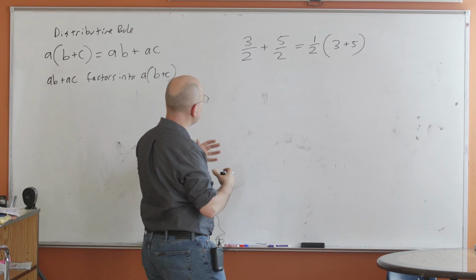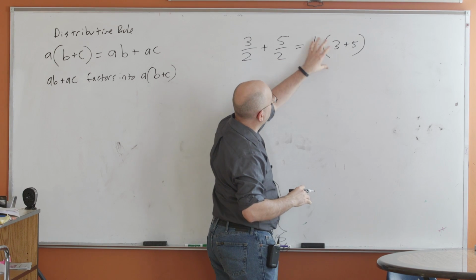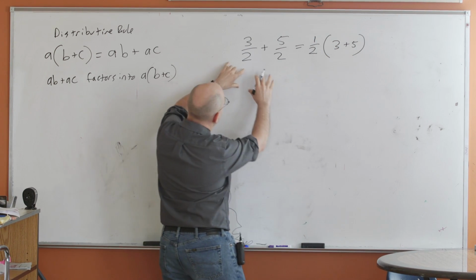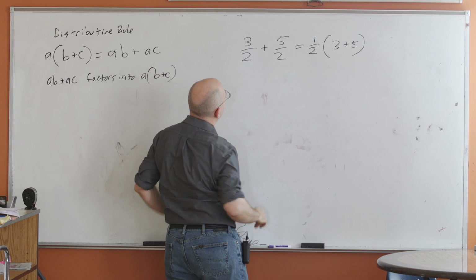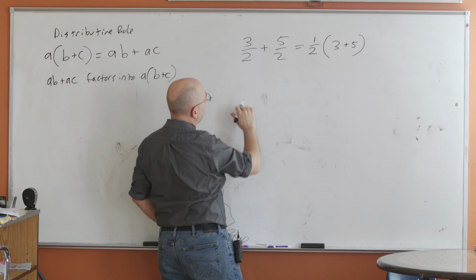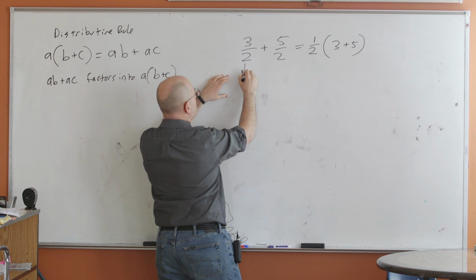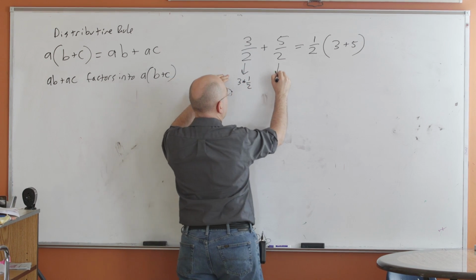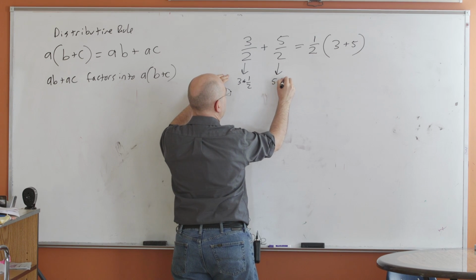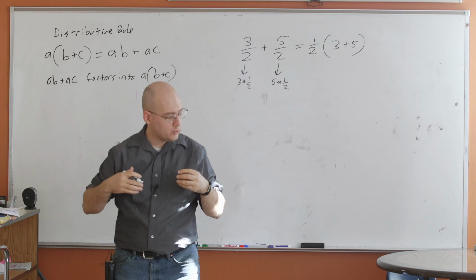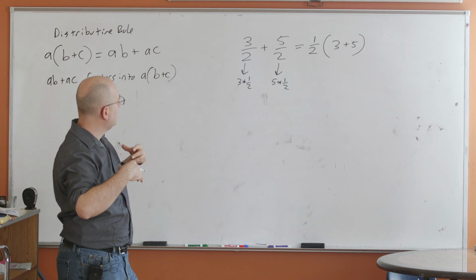We're multiplying this 3 plus 5 by 1/2 on this side, and over here we have 3 halves plus 5 halves, and we think of 3 halves as basically 3 times 1/2, and 5 times 1/2. 1/2 is just kind of a new number.